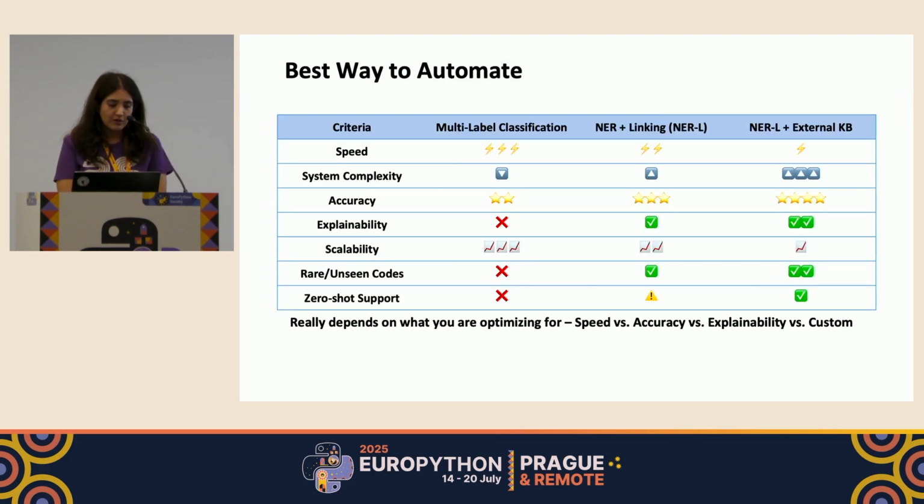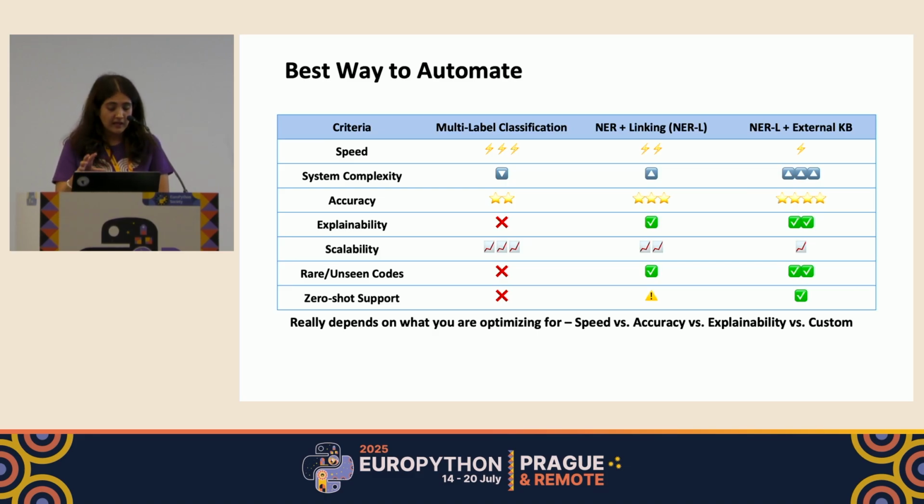Now coming to understanding if there is a good way or a best way to automate this process of medical coding, I have just compared these three approaches on different criteria, starting from speed. So speed, multi-level classification, of course, is the fastest because there is just one single model. We know that once we have trained the model, inferencing a model is pretty easy and you can optimize the models and make it faster.